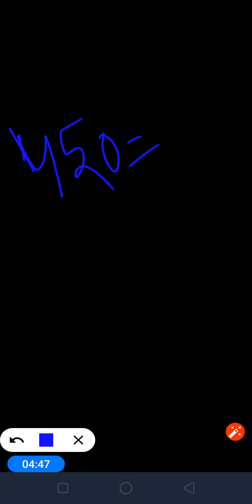Weight equals rho g V, where V means volume, of the mercury or water displaced. So in this case 450 equals rho gV of water plus rho gV of mercury.